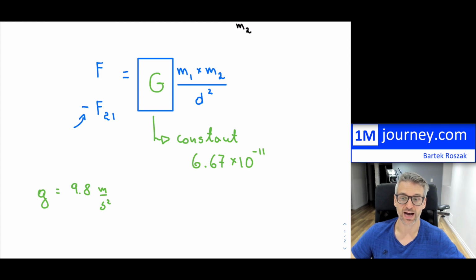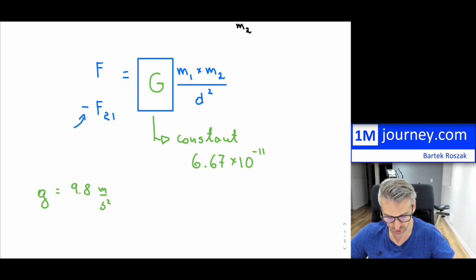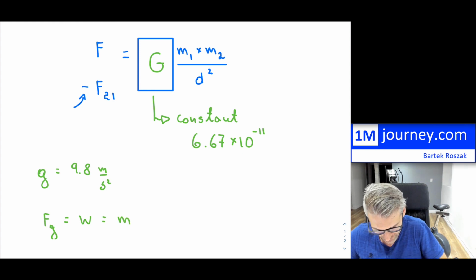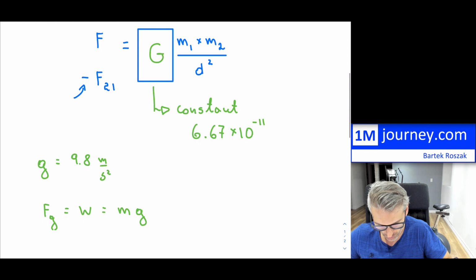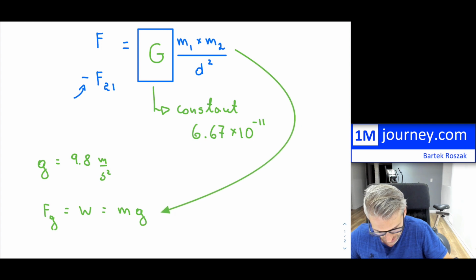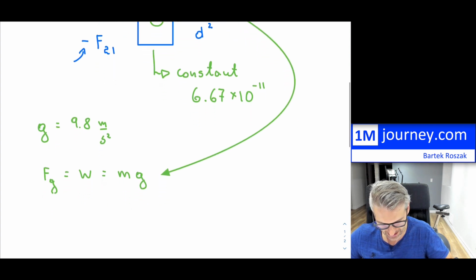So that's what you have. And as you were calculating, you said the force of gravity, or sometimes you might call it weight, is equal to whatever mass you have times gravity. Really what you are doing is you're taking this equation and finding this out. So that g is nothing else.